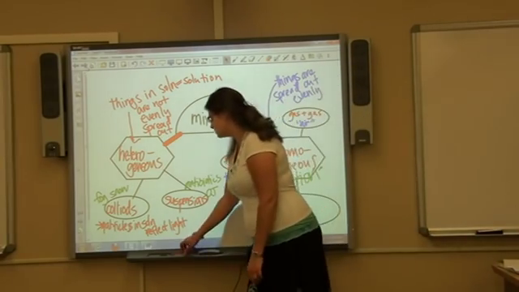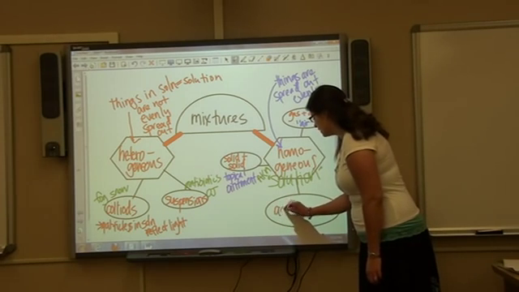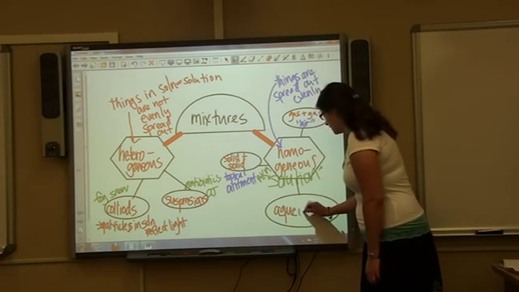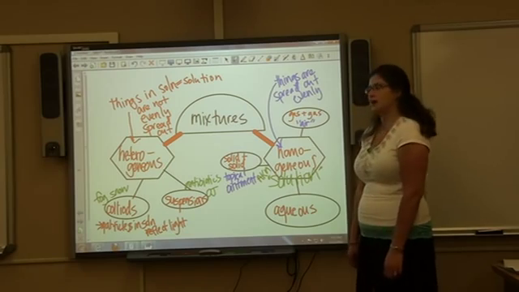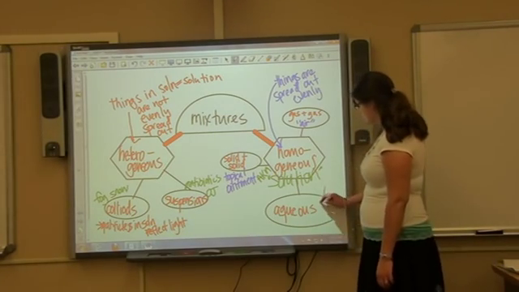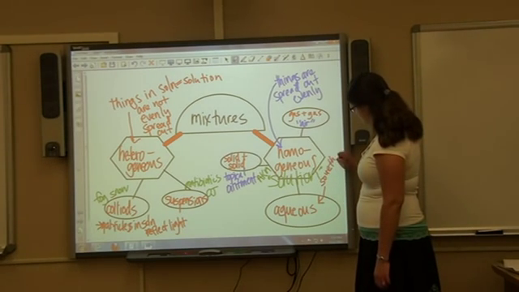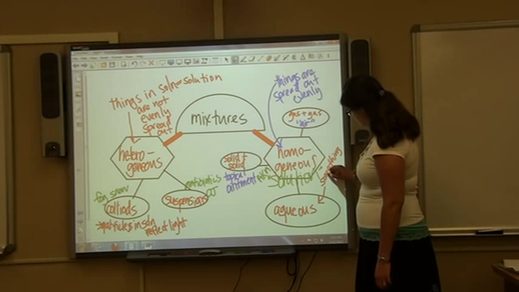Well, those things are interesting and fun things to talk about, but the thing that we are going to spend all of the rest of our time on are the aqueous solutions. And an aqueous solution is where something is dissolved in water.